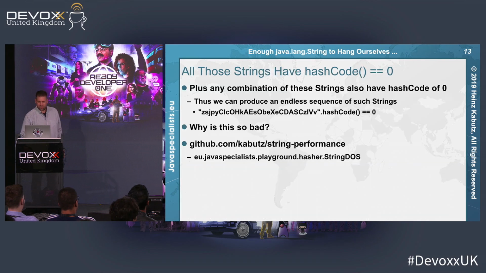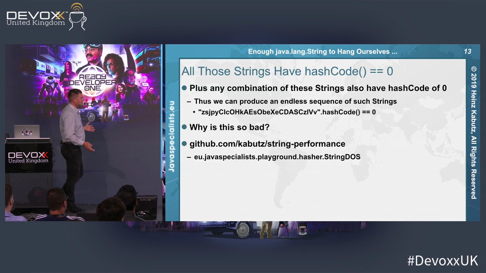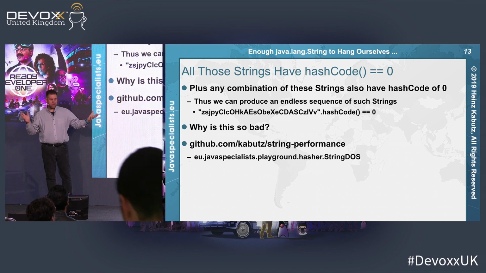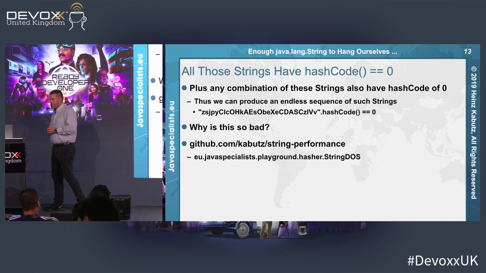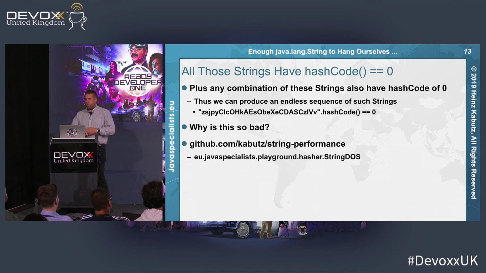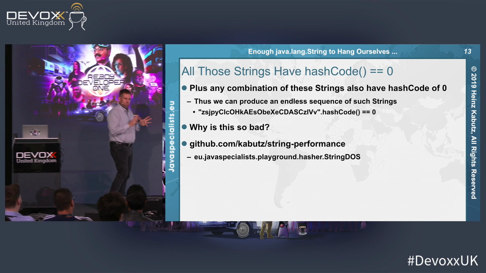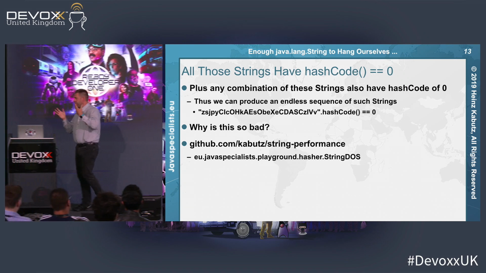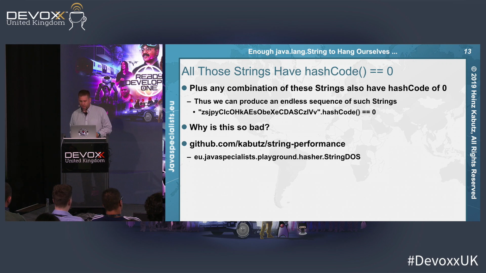So for example, here I've got 3 of the strings added together, and the hash code's also 0. The hash code's always going to be 0, as many strings as you want to combine. So you can generate a huge number of strings, all with exactly the same hash code. Now, if the hash code was 1, it wouldn't be such a problem, because 1 times 31 is not 1, it's 31. And so it's more difficult to generate an infinite number of strings with a hash code of 1.